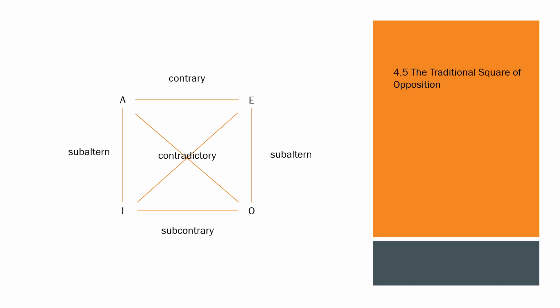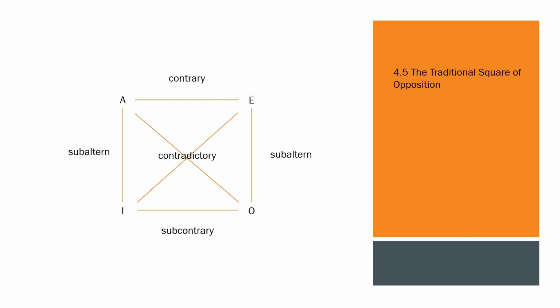The first relationship, well, it depends actually on how you look at it, but the primary relationship in an oppositional square is the one between propositions A and O, and E and I. And we call this relationship the contradictory relation.